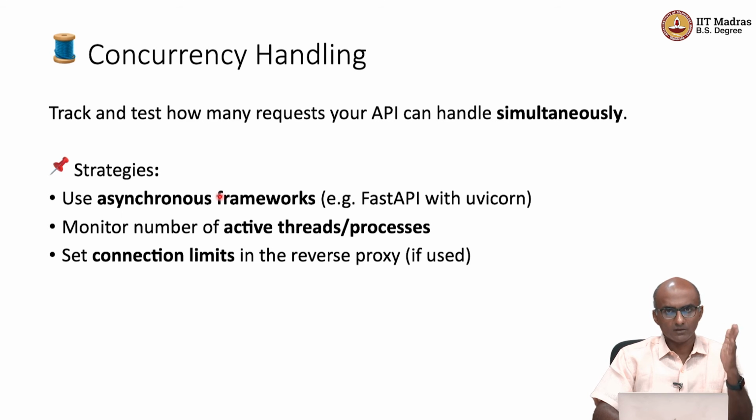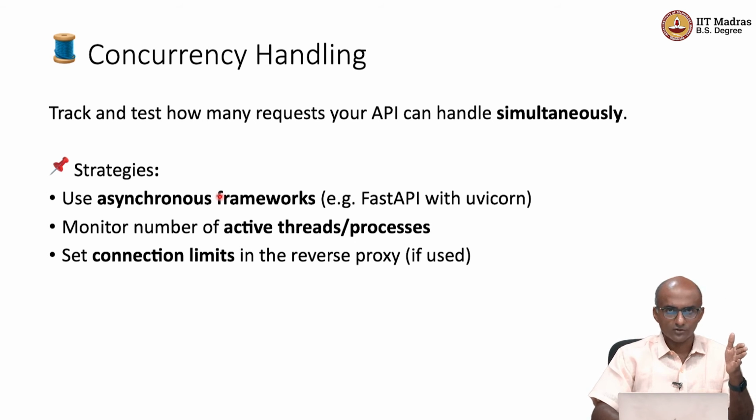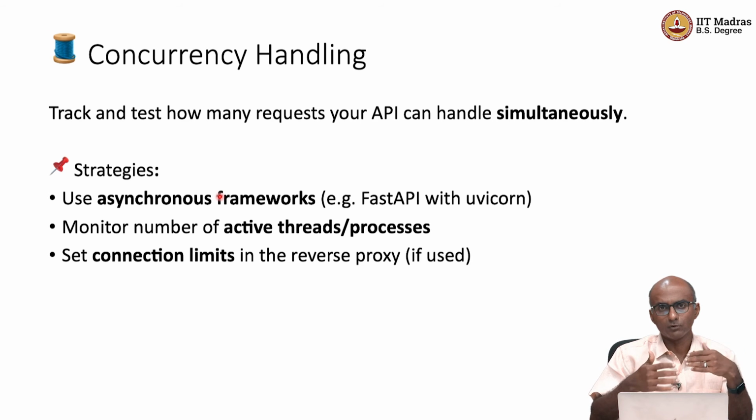So when you make an HTTP request, you're actually making a request over a temporary socket, which lives for the duration of that particular request. So if you make a synchronous request, then you've got to wait for the duration of the execution, and for that duration of the execution, that temporary socket is taken up. So the number of temporary sockets available are finite. So you can't handle more than a certain concurrency if you keep doing these synchronous operations.